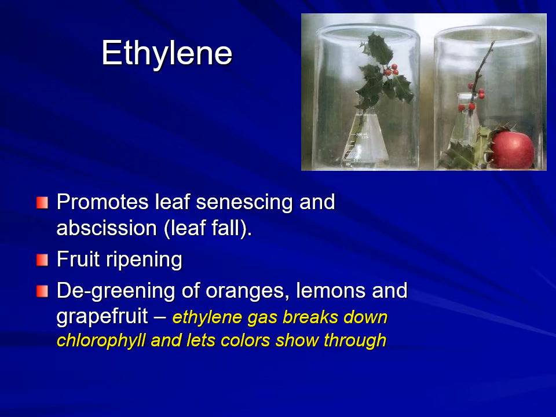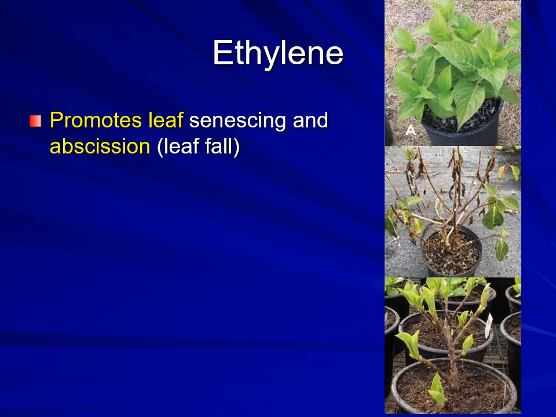They're gassed with ethylene to make the rind more orange or yellow in the case of the lemons and grapefruits. Because having lots of chlorophyll in the orange rind makes you think it's not ripe. But most oranges actually still have chlorophyll in the rind when they're ripe.